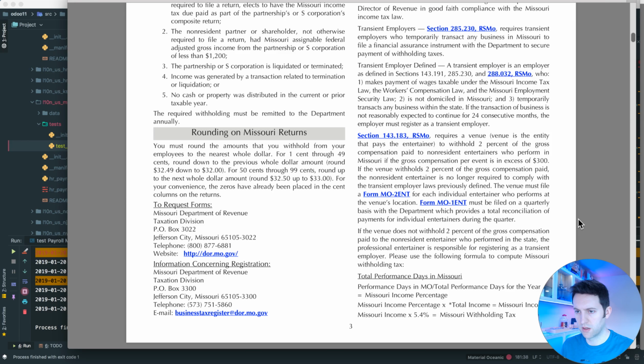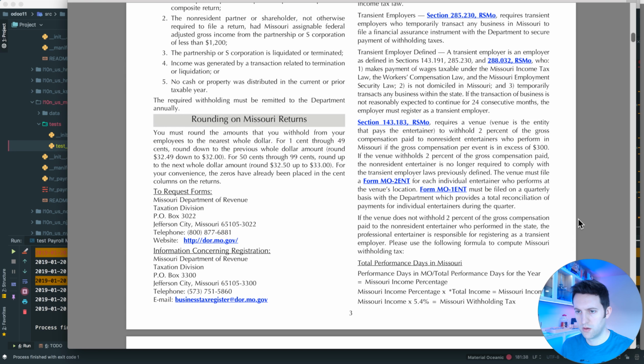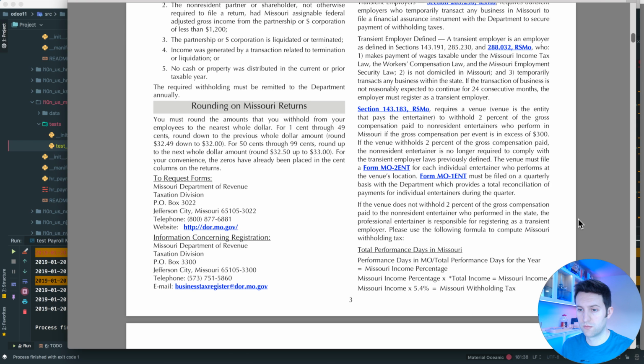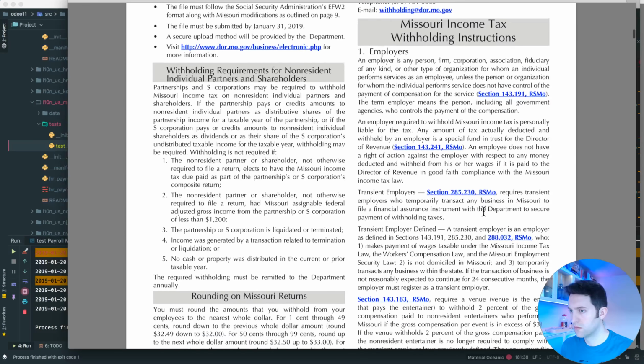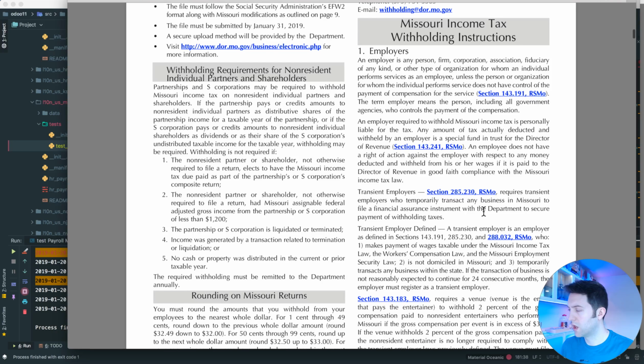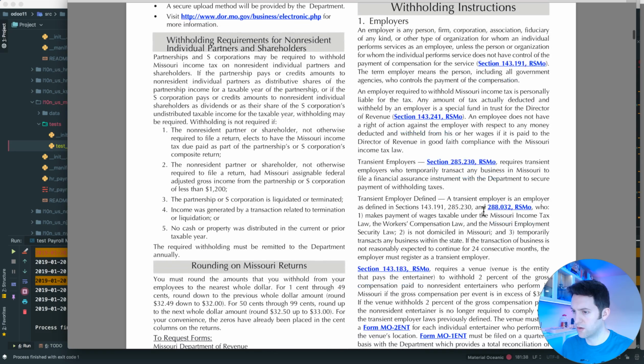Typical rounding, basically 50 cents goes up, and less than 50 cents of 49 or less goes down. Okay, so this bit has changed, although not substantially.